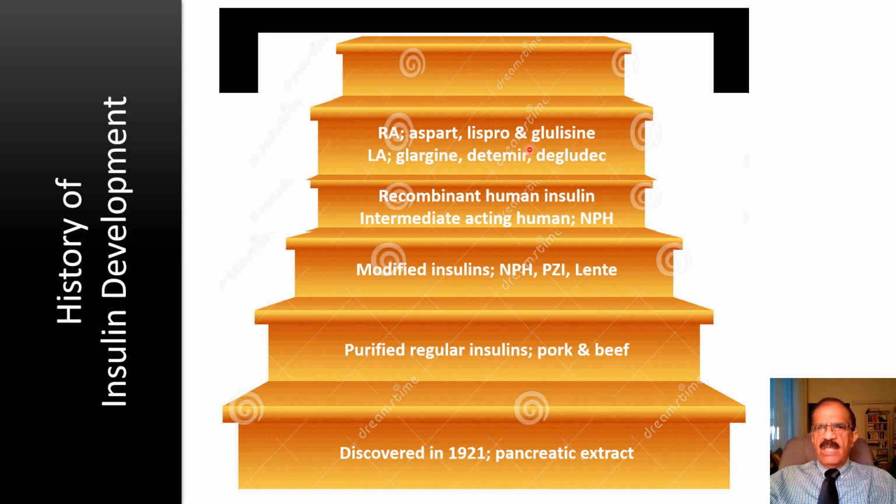These are three modified rapid acting insulins, because scientists made a little change, just a replacement of one amino acid with another one. They change the characteristics of the insulin, the physical properties of the insulin.